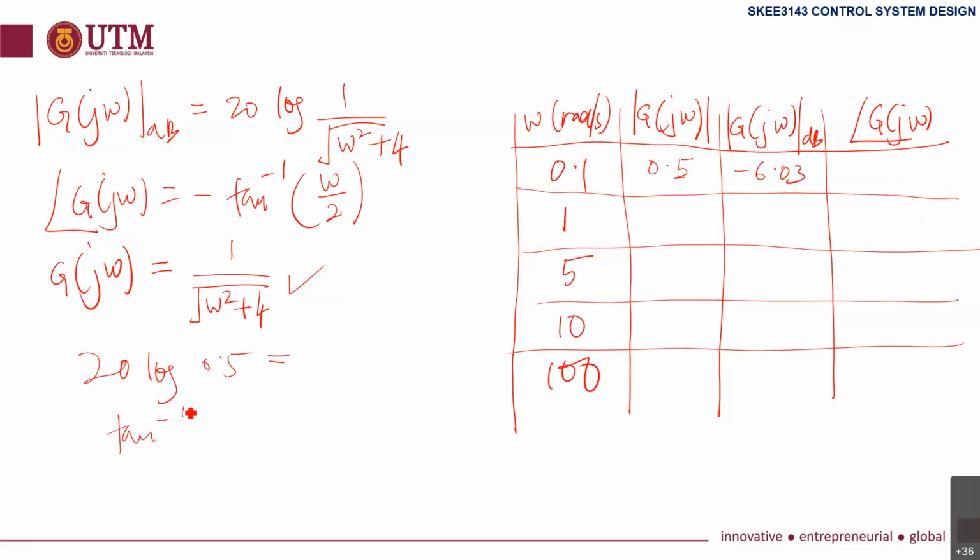Tangent inverse negative 0.1 over 2. Negative 2.86. Okay, this is all in degrees, yeah. All degree. Okay, let's move to 1.